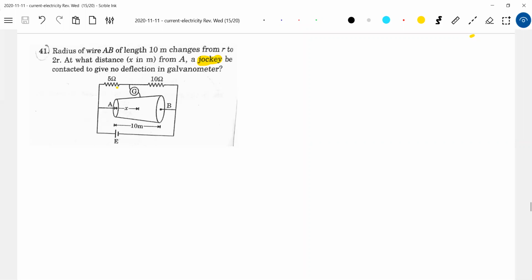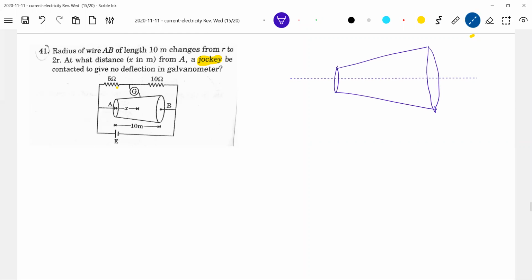You should recollect one thing: if you have a conductor, can you remember what is the resistance of this conductor? Rho L by pi AB. If you know this formula, it's over.